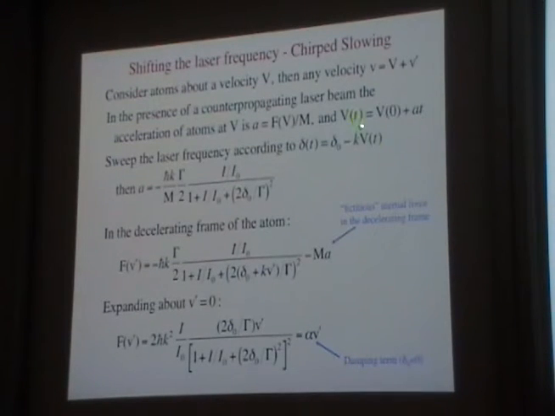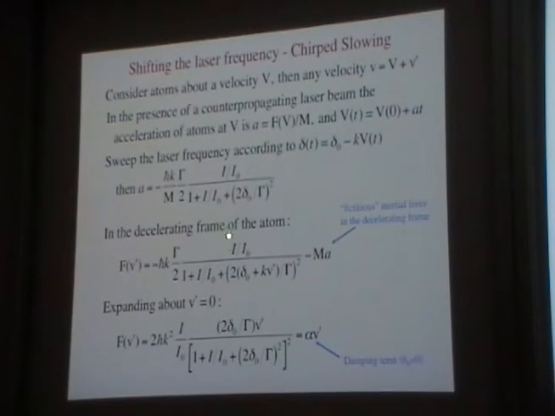So as a result, the velocity of your reference frame is going to change as a function of time, because as you're decelerating the atoms with this deceleration A, then you want to shift to a new velocity frame given by the initial velocity frame plus A times t. And this is achieved by basically sweeping the laser frequency. So in other words, you're changing the Doppler shift of the laser as you're slowing the beam.